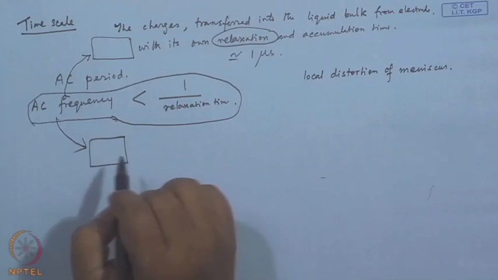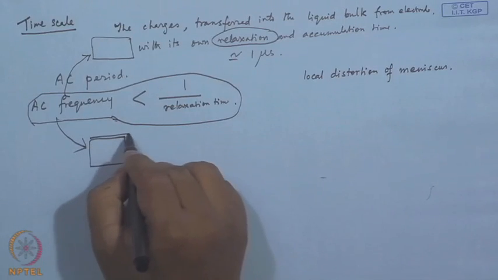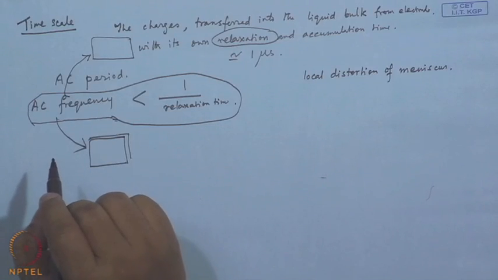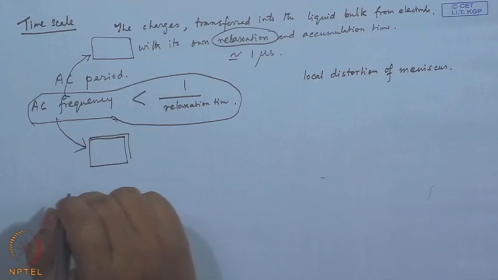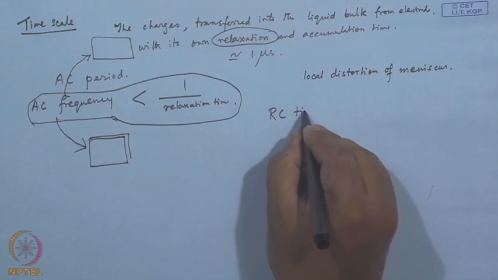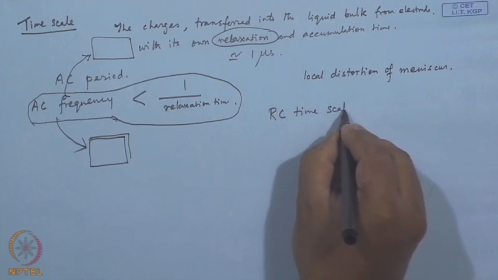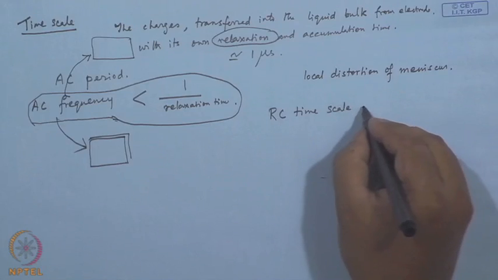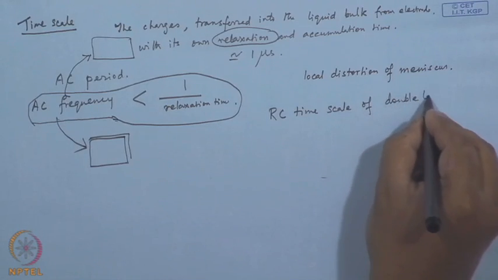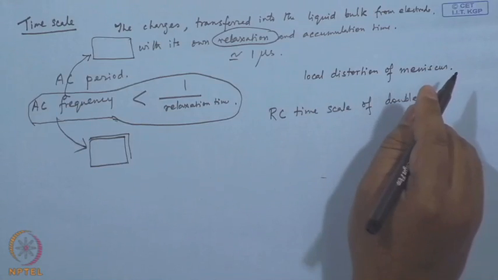So, what we would be looking at this point probably is something called the RC time scale of the double layer. That is something which we have to look into.